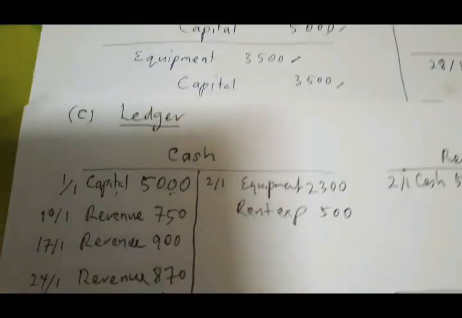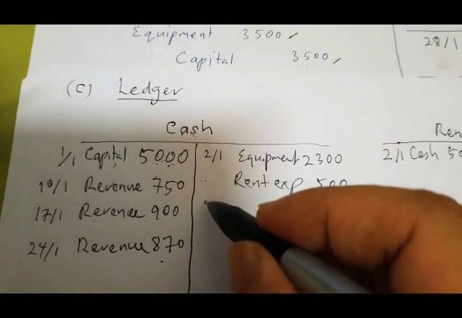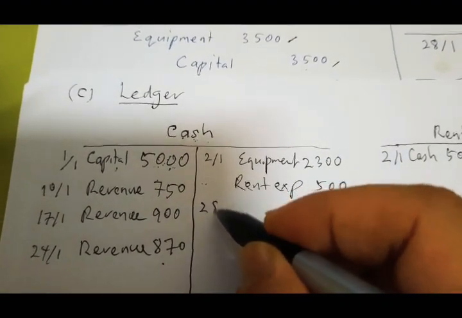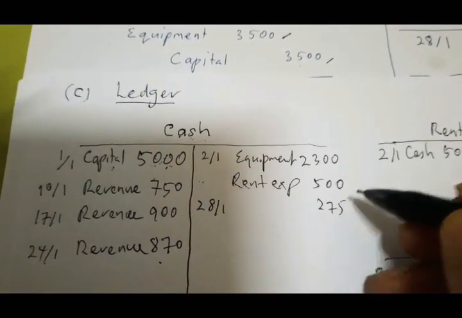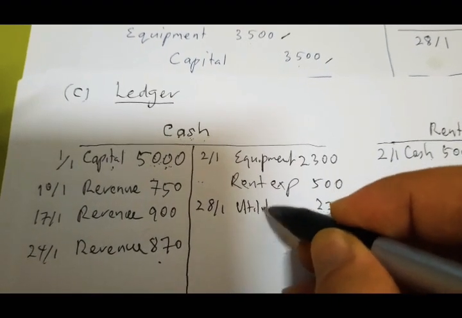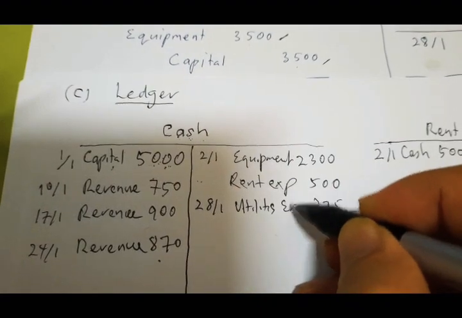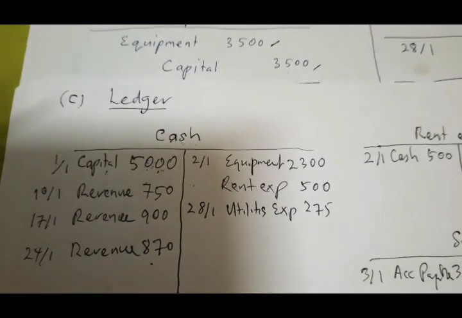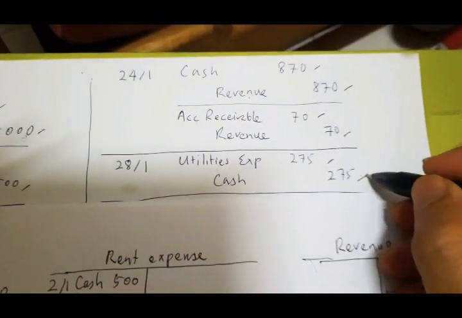So we already have the account cash. You have to credit cash 275 on the 28th of January. Refer to account utilities expense 275.